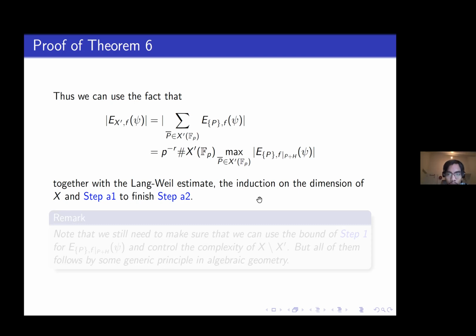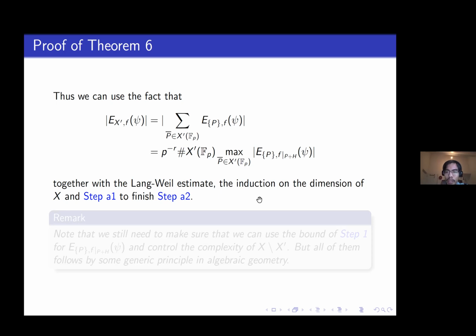And we can use the previous relation to have that this equals p to the power minus m_psi times r, times the cardinality of the set of F_p points of X prime, and we take the maximum of all absolute values of exponential sums associated with P restricted to P plus S and psi, with P bar belonging to X prime(F_p).